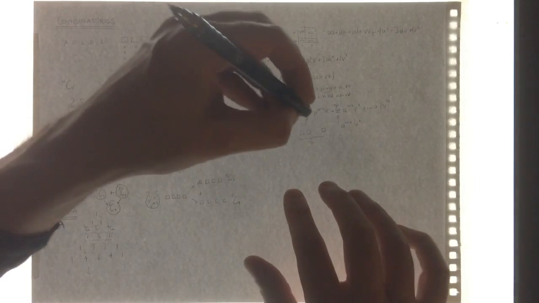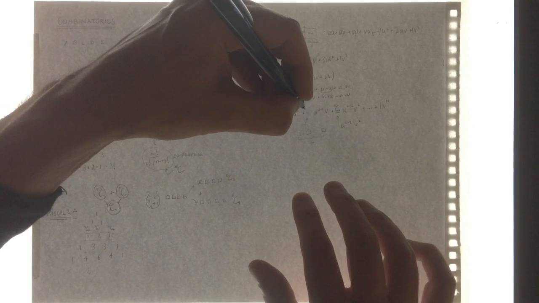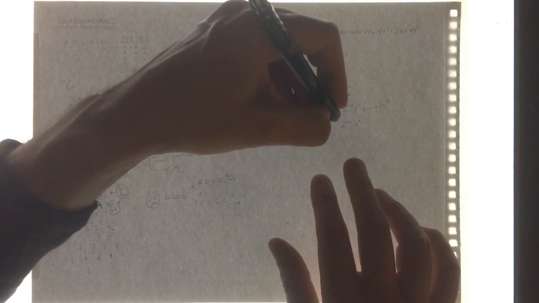And here we could just be writing n choose 1, because we're choosing 1 v out of n blocks. Does that make sense?